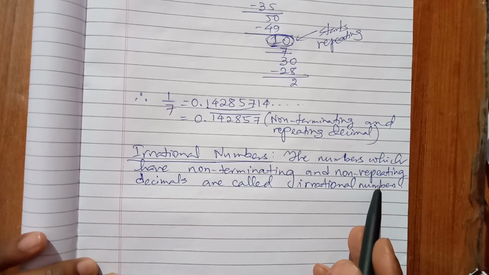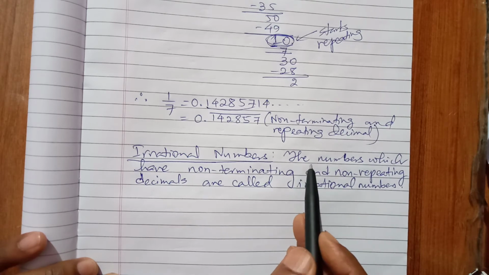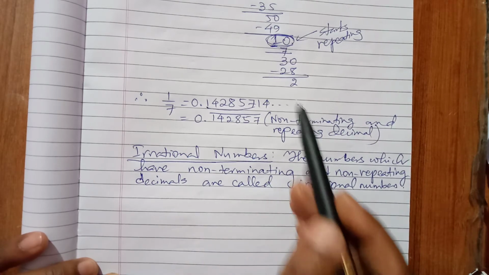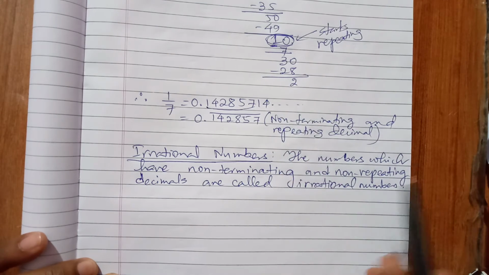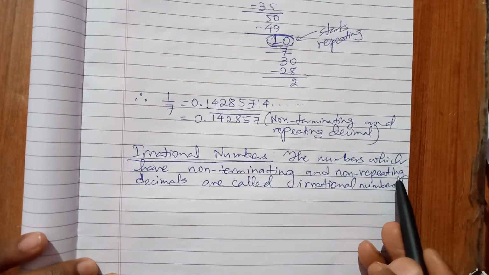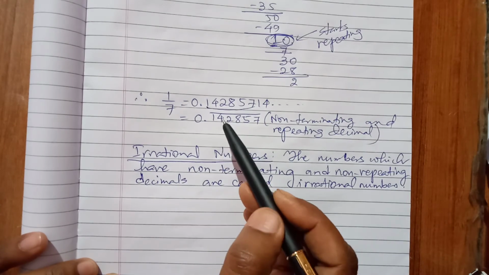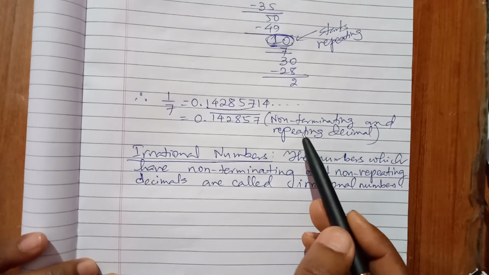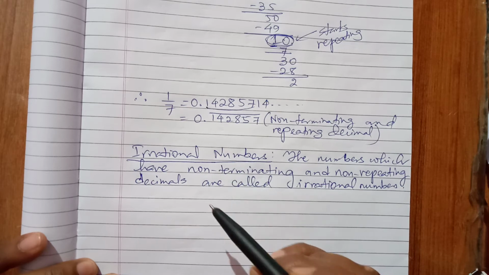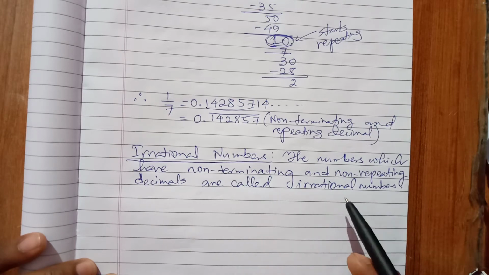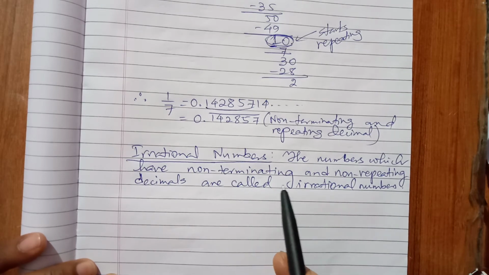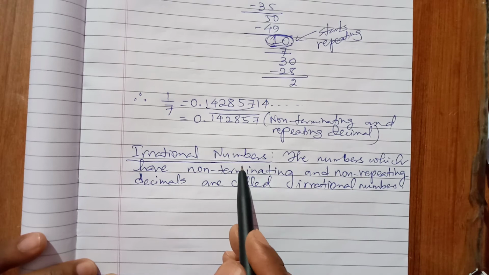That means the decimal number must be non-terminating, means dot dot dot will be there. That dots will represent that it is non-terminating, and non-repeating, that means no single digit will repeat, nor a block of digits will repeat. You cannot find any repeating block of digits in those decimals, and those types of decimals are called irrational numbers.